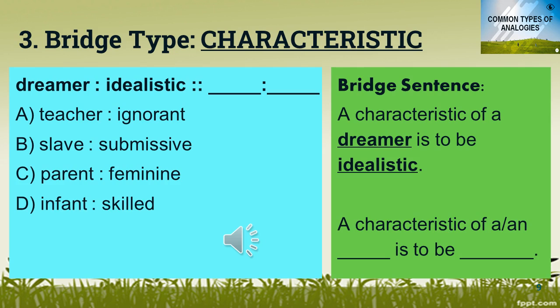So what is the correct answer, using the bridge type characteristic analogy? The correct answer is letter B. A characteristic of a slave is to be submissive. So dreamer is to idealistic as slave is to submissive.